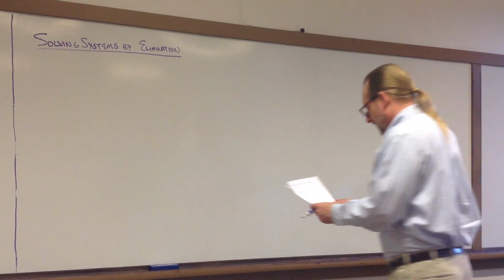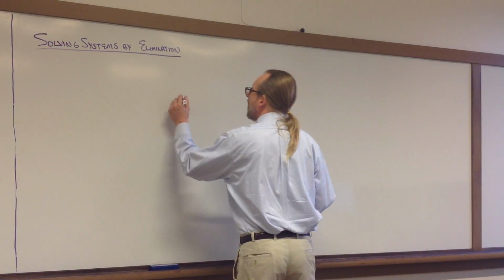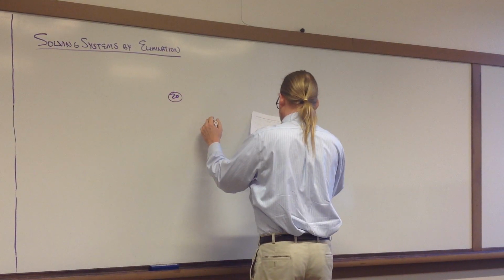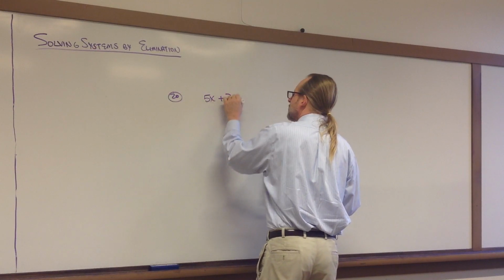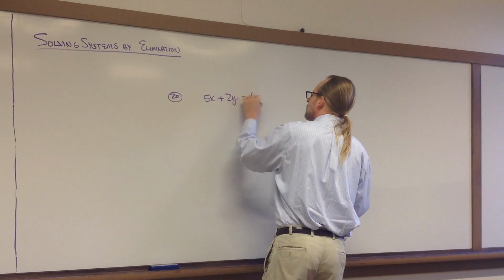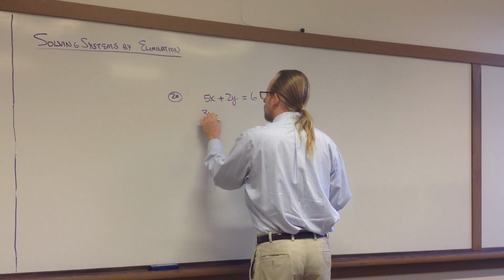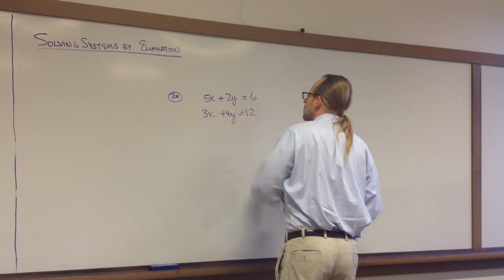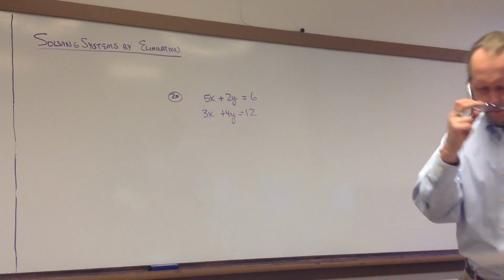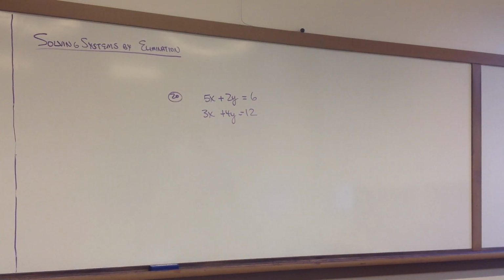Similar scenario in problem 20, except here we don't have opposite signs, but we do have a nice multiple setup. Let's see here. 3x plus 4y equals 12. Okay. Well, let's see.